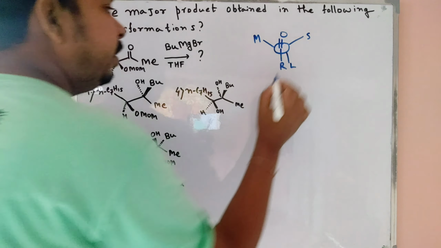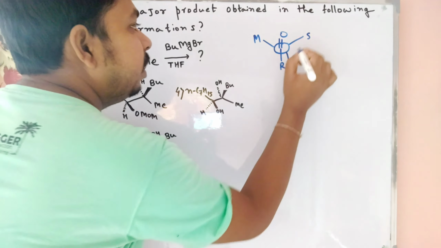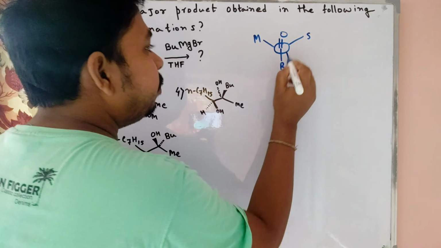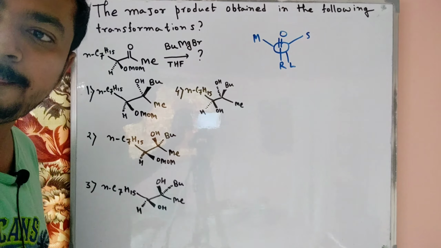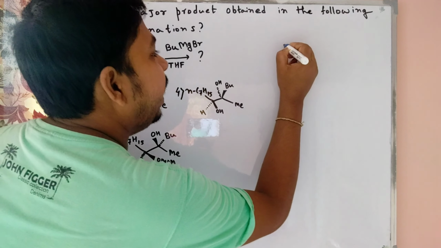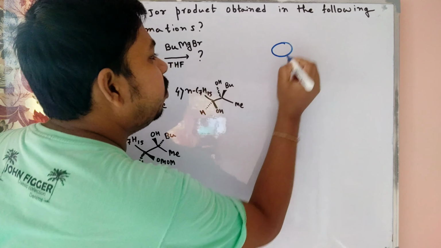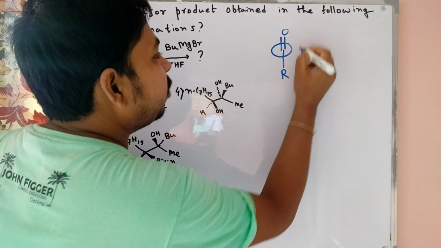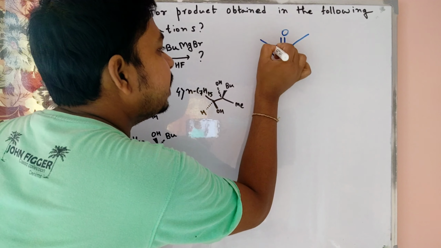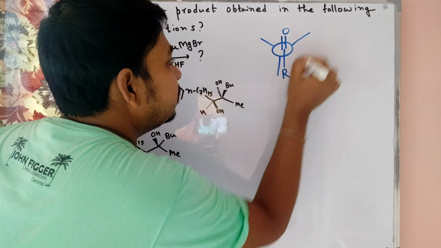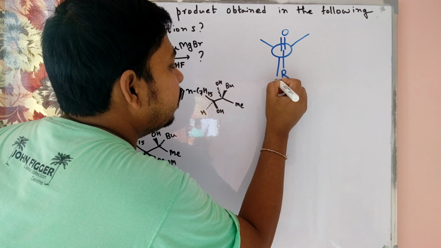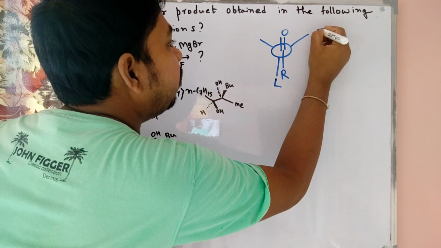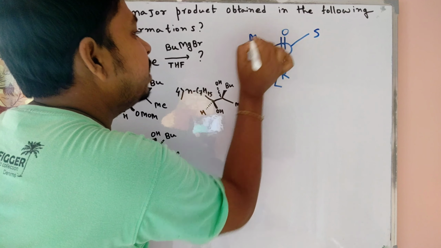According to Cram's rule, our front carbon has the aldehyde present and an R group, in the eclipsed form. Here we place the large group on the downside, and the small group is here and the medium group is here.